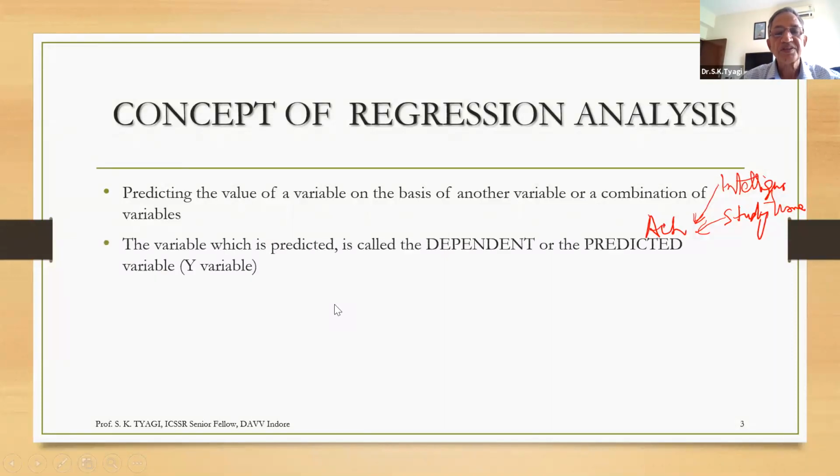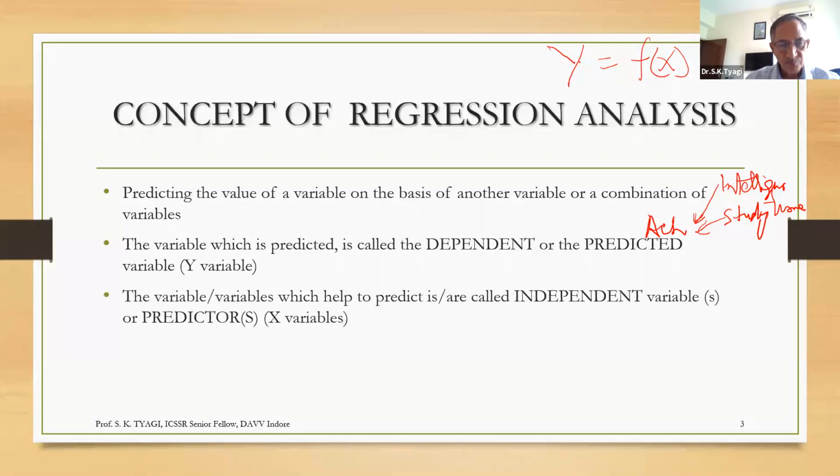Now, the variable which is predicted, for example, achievement in this particular case, is called the dependent variable or the predicted variable, or simply the y variable. Why? Because when we write a function y is equal to f of x, y is a function of x. So generally y is taken as the dependent variable, and x is taken as the independent variable.